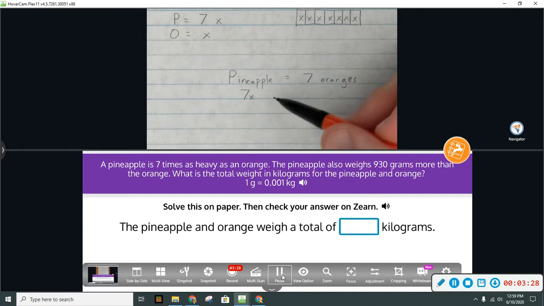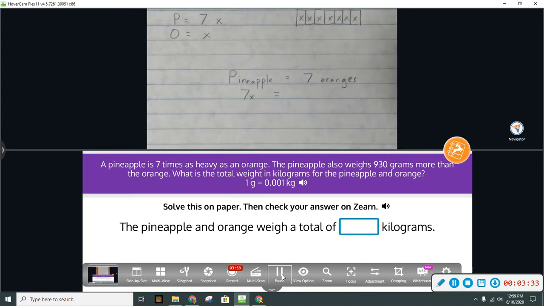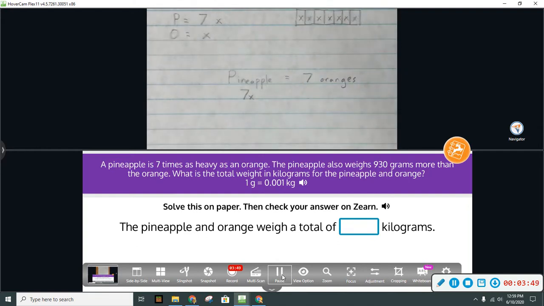Now, we also know that it is 930 grams more than the orange. So whatever the pineapple is, if you subtract 930 grams away from it, you will equal the orange. Now, I'll show you how we're going to write that because it's going to look a little weird.